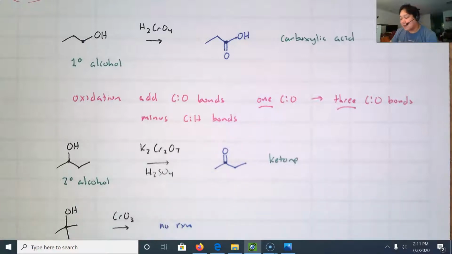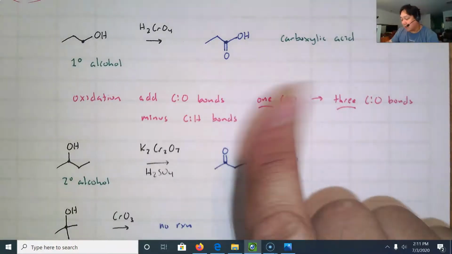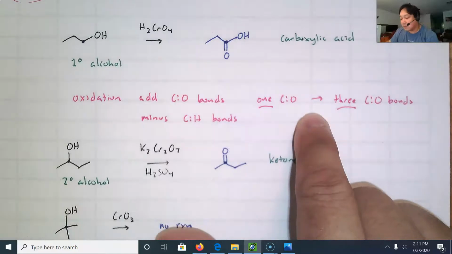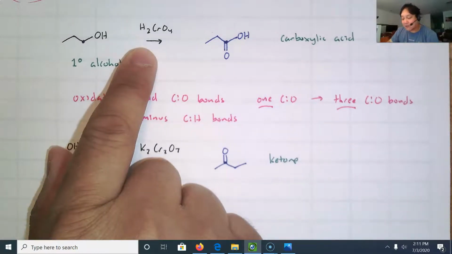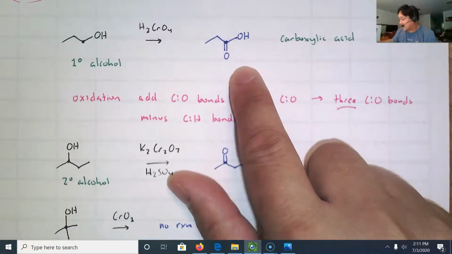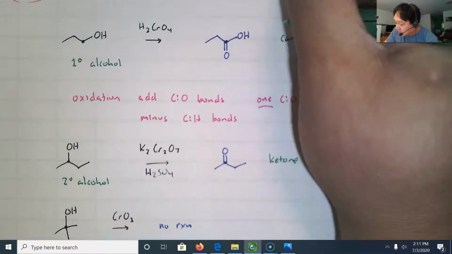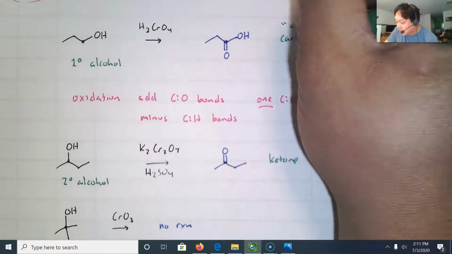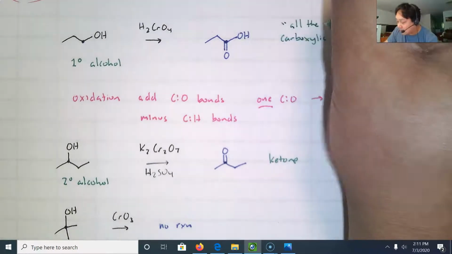What that tells me is that when we made the molecule that had 2 bonds to oxygen, this is still pretty reactive, and you will further oxidize it all the way to the carboxylic acid. And that's normally what goes in my head. I say all the way. You oxidize all the way.